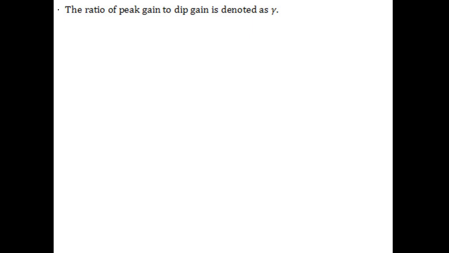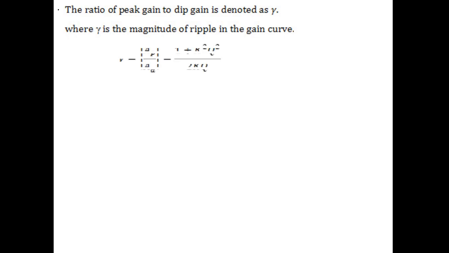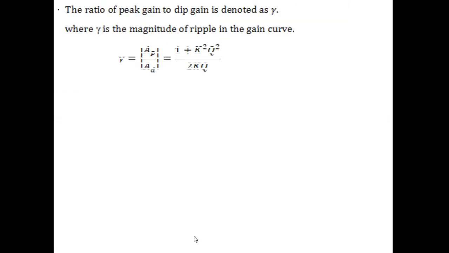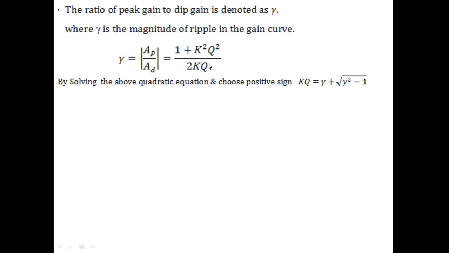You try to measure the ratio of peak gain to dip gain, which is represented by gamma. Gamma equal to AP by AD, which is 1 plus k square q square by 2kq.